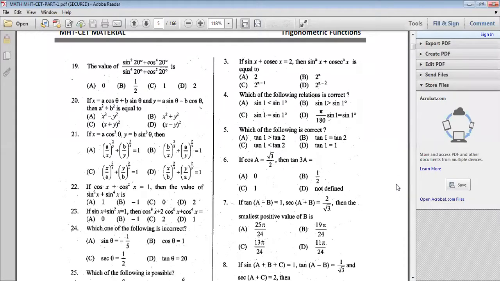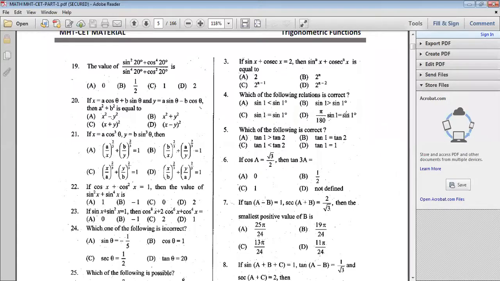Observe that x is equal to a cos theta plus b sin theta, y is equal to a sin theta minus b cos theta. Then what is the value of a square plus b square?